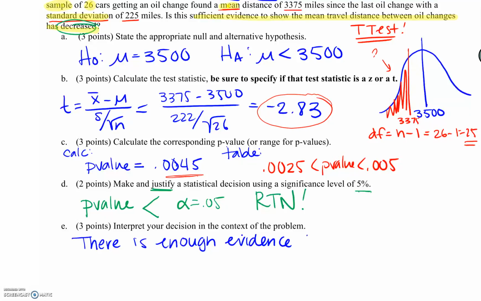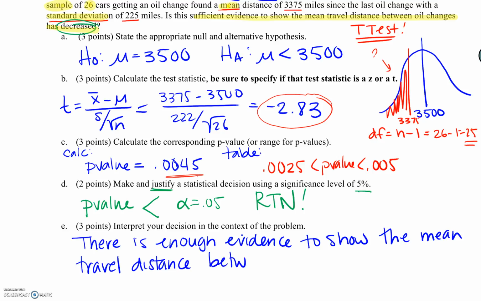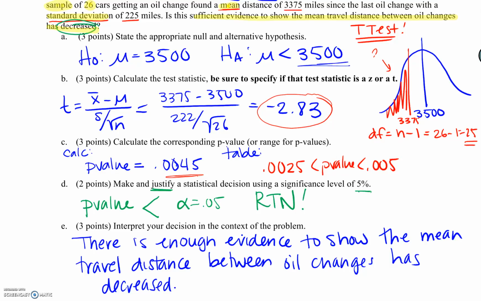The mean travel distance between oil changes has decreased. And again, you could also use the wording or say is less than 3,500 miles. Either way works. If you do use the actual number that's here, make sure you include the units of it. Don't just say is less than 3,500.